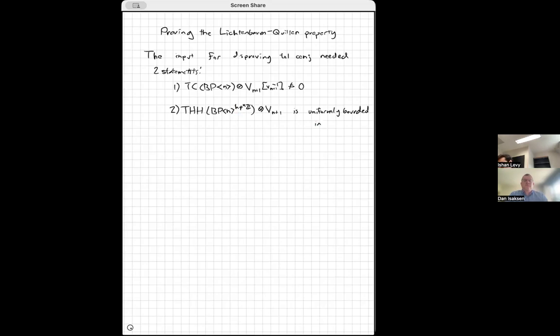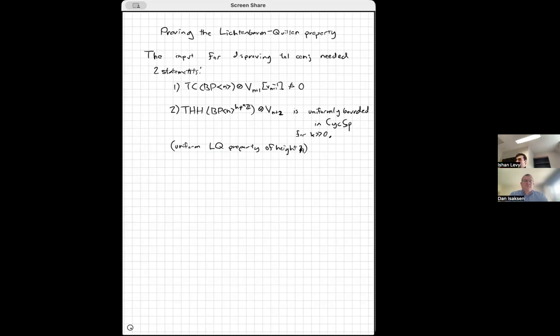So it's uniformly bounded in cyclotomic spectra. Okay, we just needed this for k sufficiently large. It's the uniform version of the Lichtenbaum-Cullen property of height n. Sorry, this should be n+2. Okay. So these are of height n.